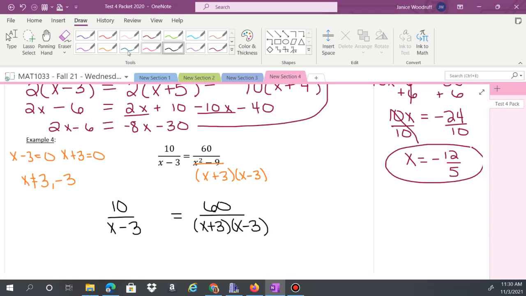Okay, we need an LCD. What is that going to be here? Very good. X plus 3, x minus 3, just one of each factor. Step 4, we'll multiply each term by the LCD. So each term gets multiplied by x plus 3, x minus 3.